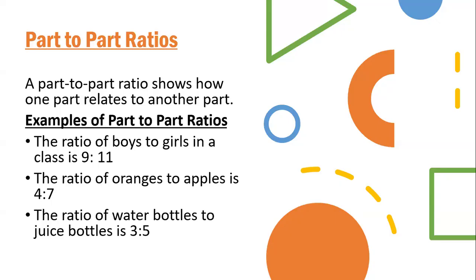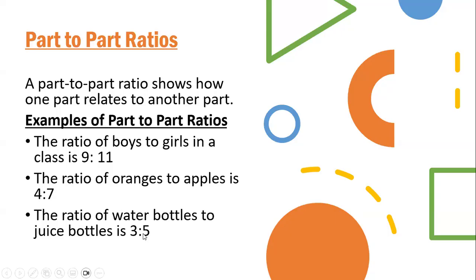When we say 9 to 11, that means for every 9 boys, there are 11 girls in the class. If the ratio of oranges to apples is 4 to 7, that means for every 4 oranges we have, there are 7 apples. And the ratio of water bottles to juice bottles means for every 3 water bottles we have 5 juice bottles.